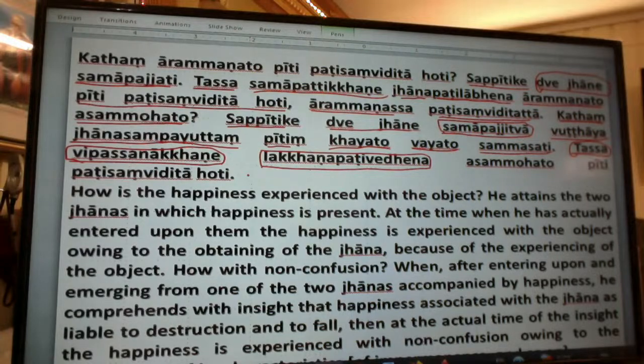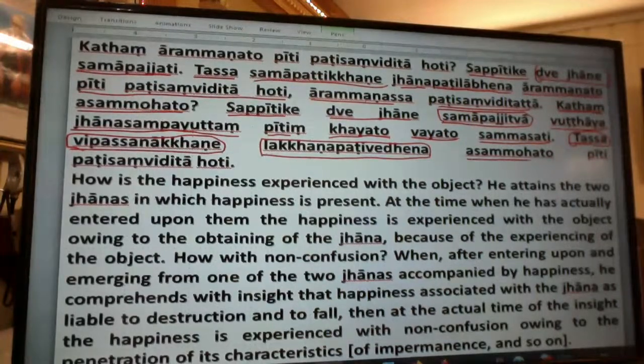Penetrated understanding, very deep understanding, is what we call here asammohato, without ignorance.